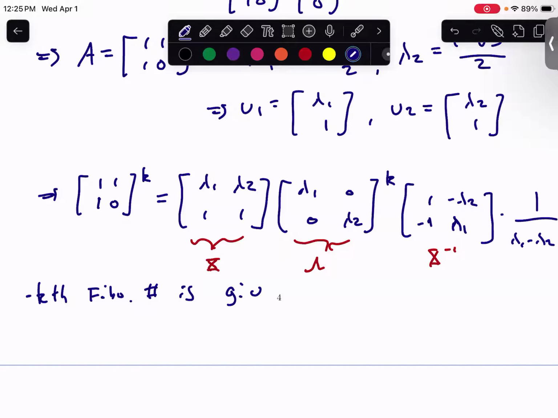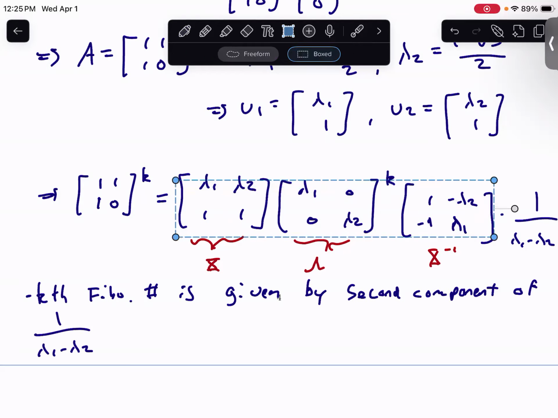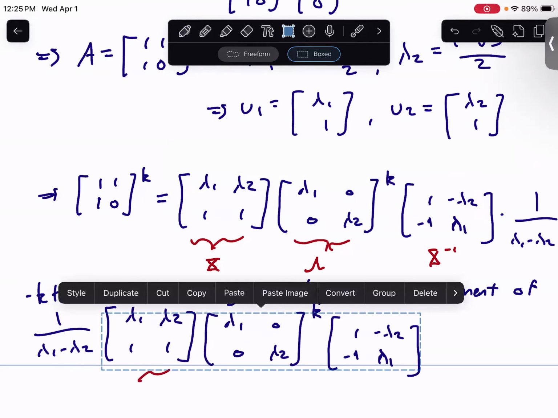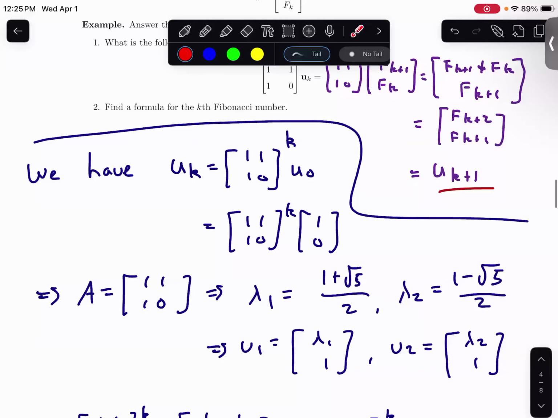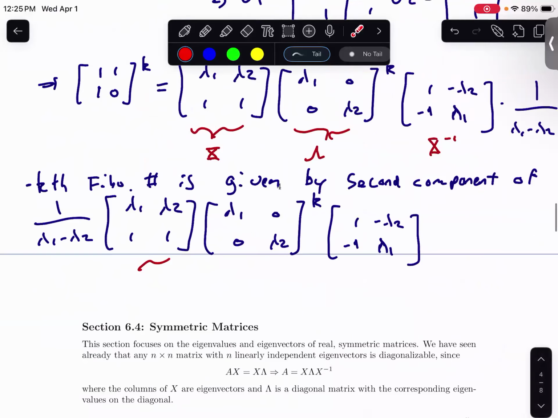This kth Fibonacci number is given by the second component of the following. It ends up being 1 over lambda 1 minus lambda 2. I'm gonna be lazy and just copy and paste this, because I didn't plan on talking about this for so long. I was planning on stopping here, and then I just kept going.